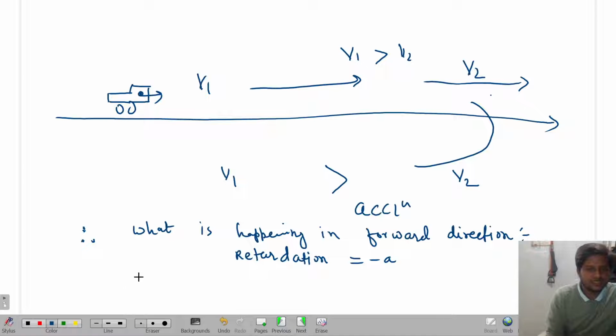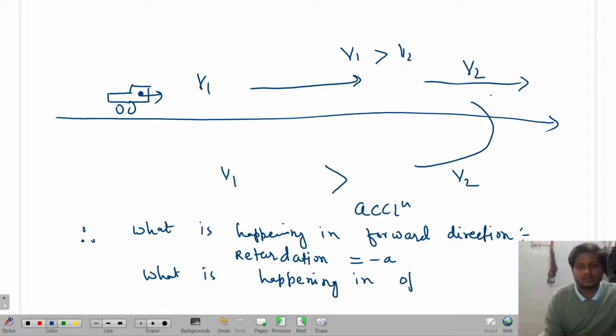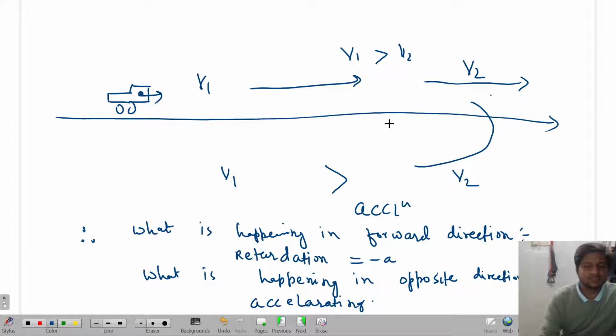What is happening in the opposite direction, if you ask? You will say it is actually accelerating, yes or no? So in the opposite direction it is accelerating, while in the forward direction it is retarding.